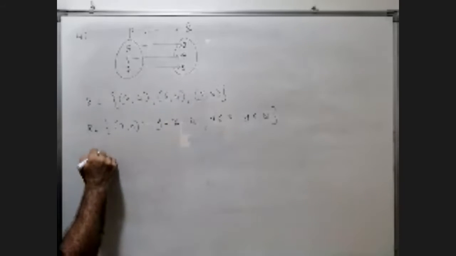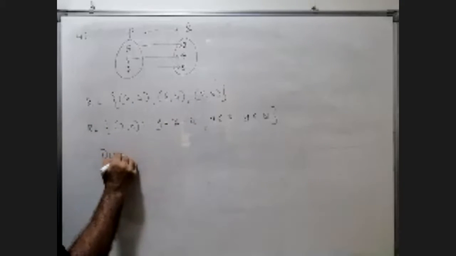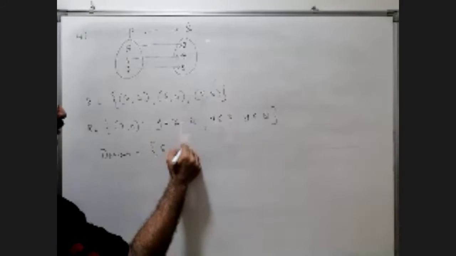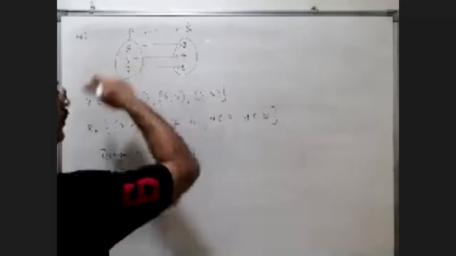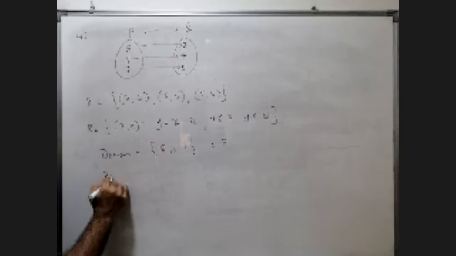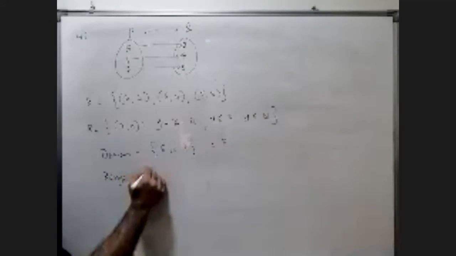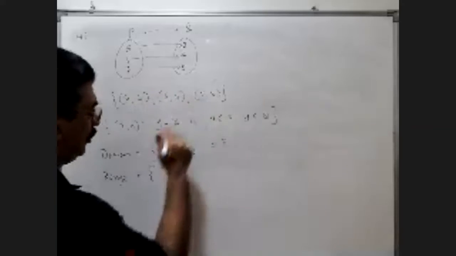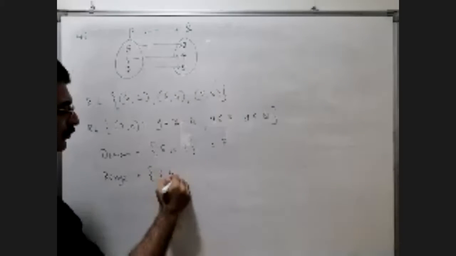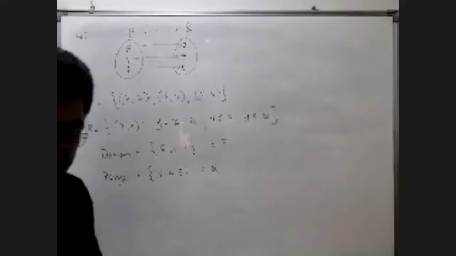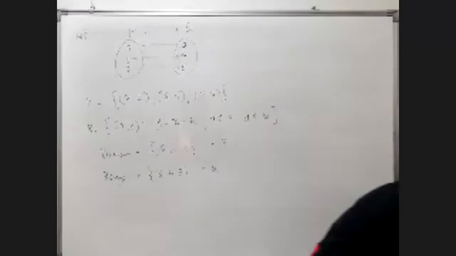So the domain is the set {5, 6, 7}. Range is the y coordinates: 3, 4, 5. So that's the domain and range.